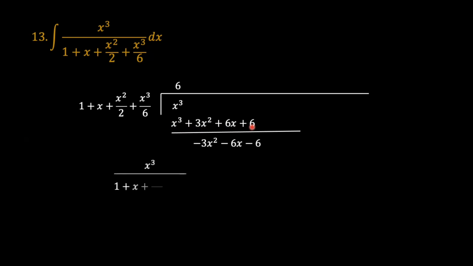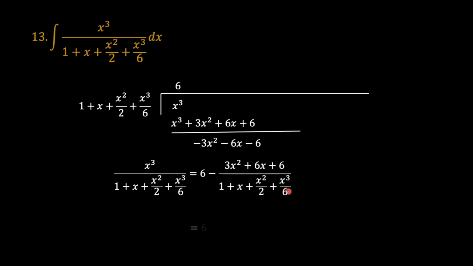So essentially what that means is x cubed over 1 plus x squared over 2 plus x cubed over 6 is equal to 6 minus, I've decided to pull the negative out, 3x squared plus 6x plus 6 over 1 plus x plus x squared over 2 plus x cubed over 6. So pulling 6 out, we have now x squared over 2 plus x plus 1.